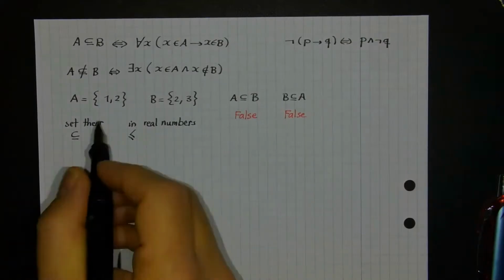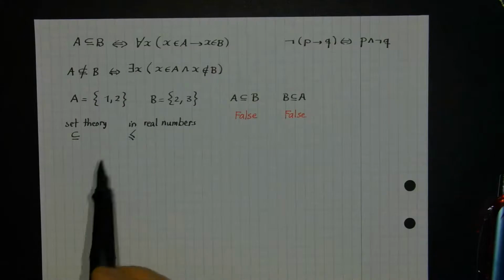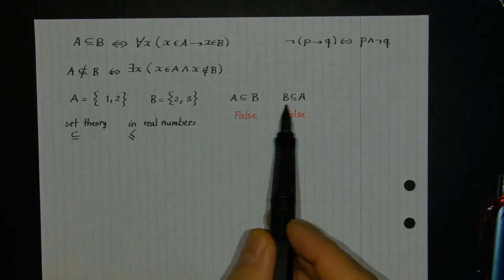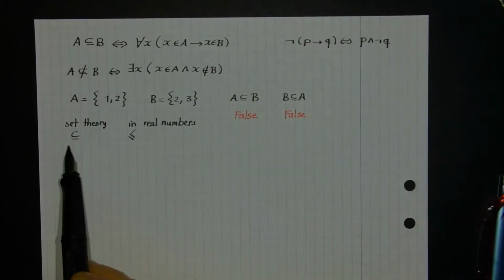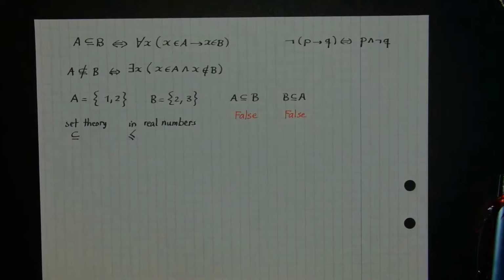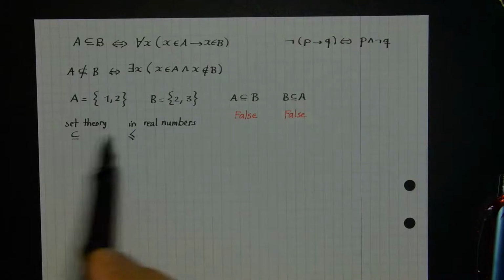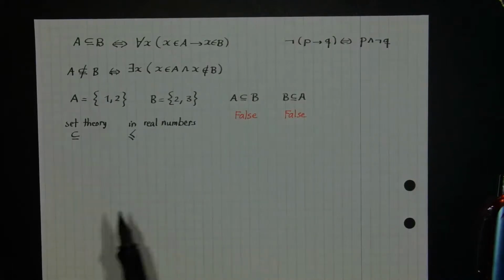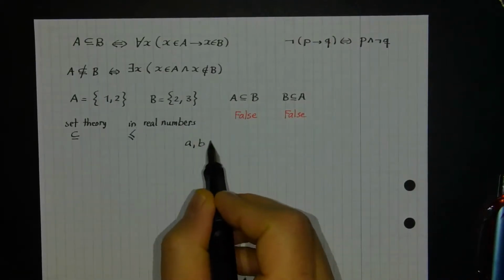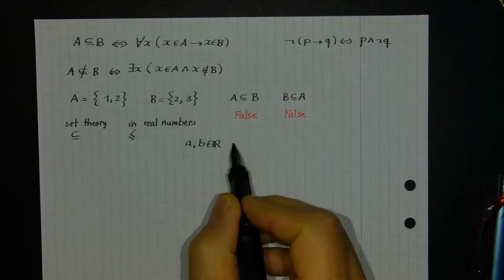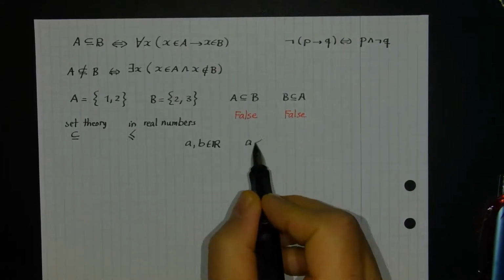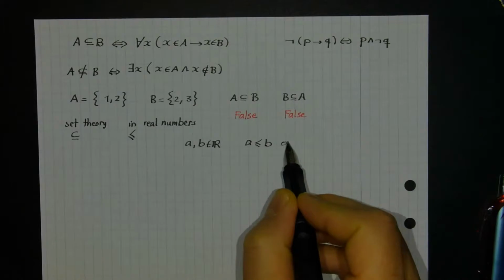So you really need to understand what is going on. This is the main difference between this relation between sets and this relation between real numbers. If A and B are real numbers, there is a guarantee that either this one is true or this one is true.